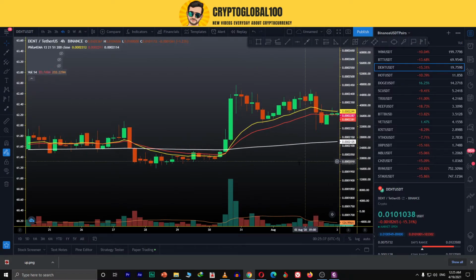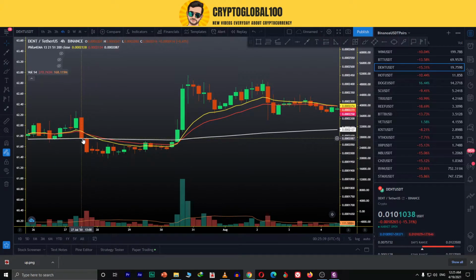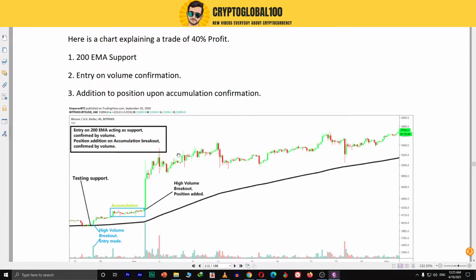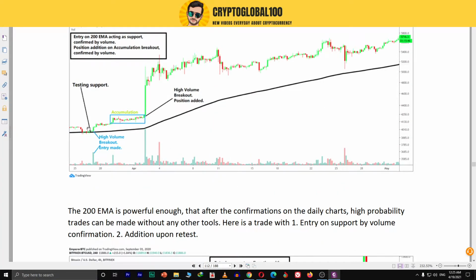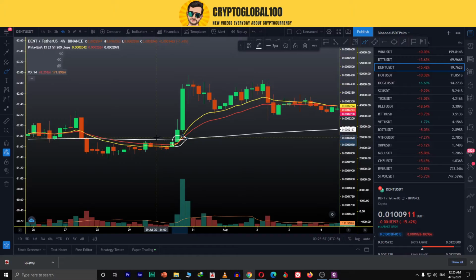You see here the 200 EMA with the white line was tested several times, and at this point you see the volume expansion, just like this example here. The green candle broke out with a strong volume.